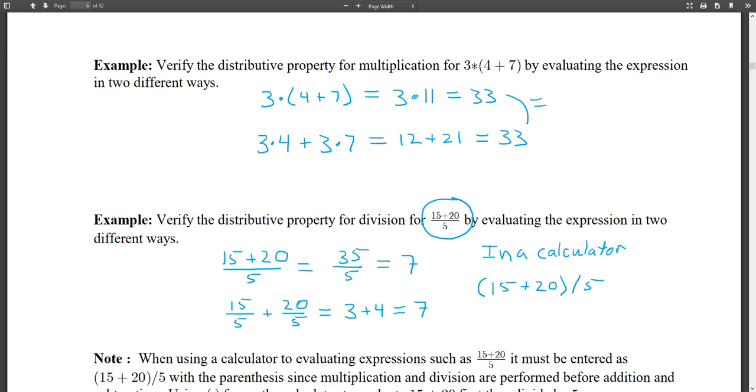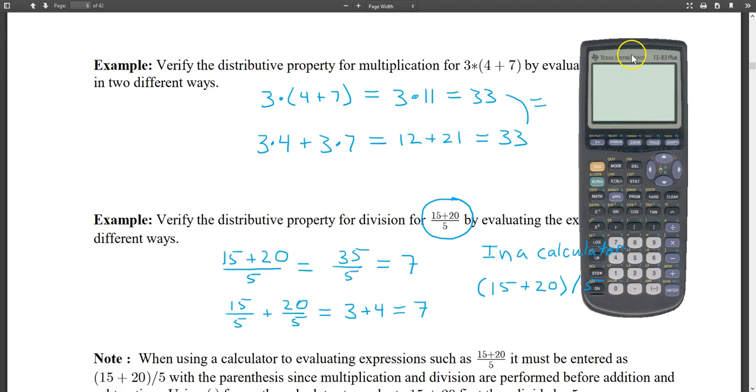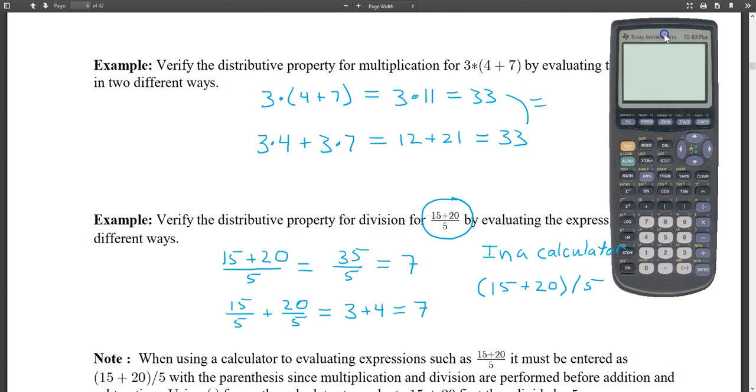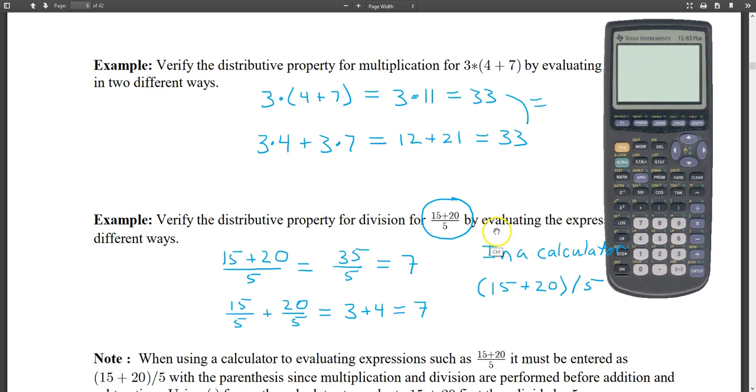So I'm going to pull up now a virtual TI-83 here. Now if we enter parenthesis 15 plus 20, and you can follow along here, close the parenthesis off, divide by 5, and of course we get back 7. Alright, so that looks good.